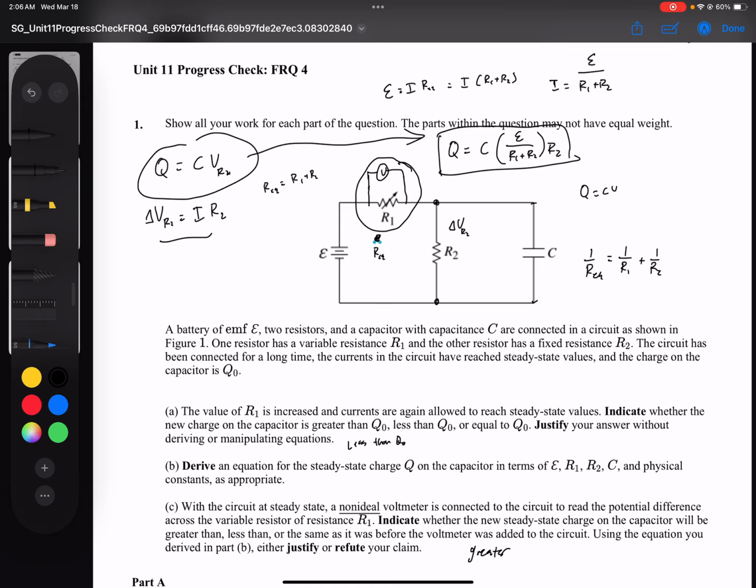And since the capacitor is in parallel with resistor R2, the voltage drop across the capacitor would also increase. And again, since Q equals CV, that also means that the charge of the capacitor in steady state would increase when you connect a non-ideal voltmeter to resistor R1.